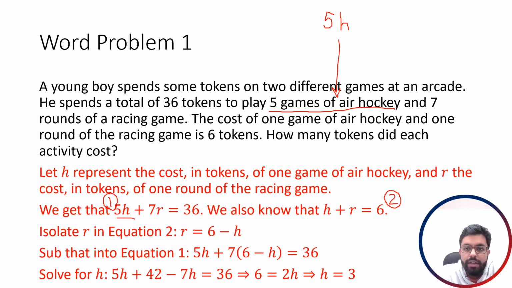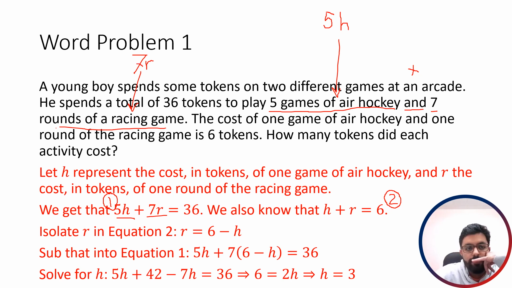And then in addition to it, so this and, it's pretty obvious, but the and is most likely going to be a plus sign in almost every situation. And then we've got 7 rounds of the racing game. Oh, my thing didn't draw there. 7 rounds of the racing game. So that's this 7R right here, because R is the cost of one round of the racing game, but it wasn't one round, it was 7.